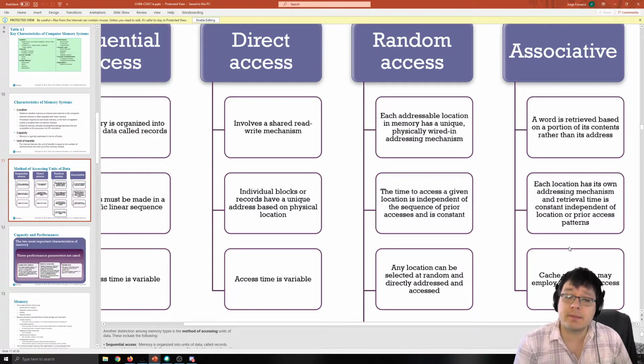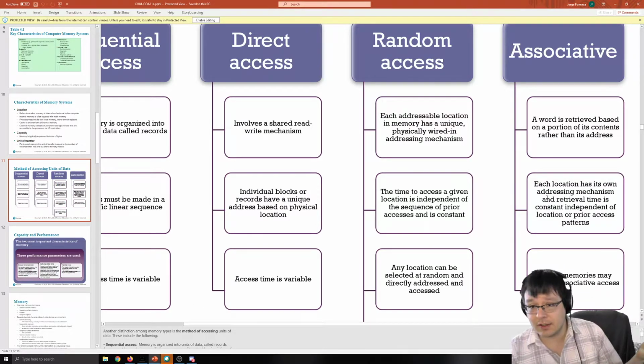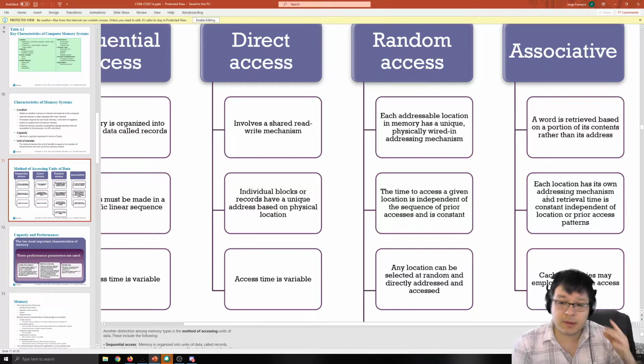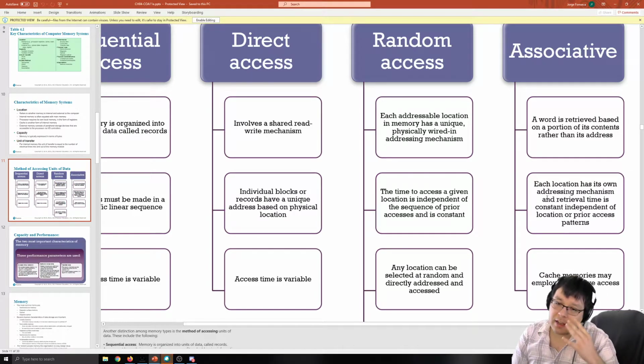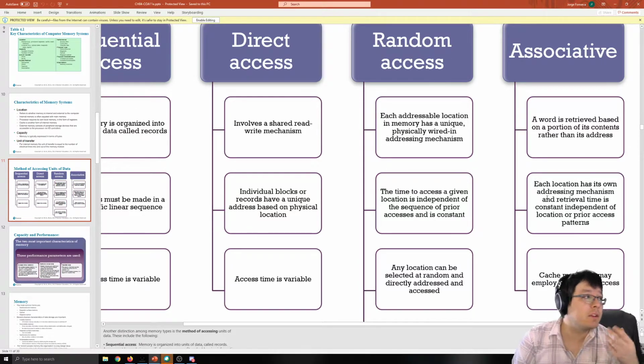Each location has its own address, and you can access it in constant time. But in addition to just accessing data with an address, you can also access it based on the contents that it has. So it's kind of, if you've taken 302, like a hash table in a way. You're not just using an address to access something, but you can also use the value stored in that address as a way to get to it.